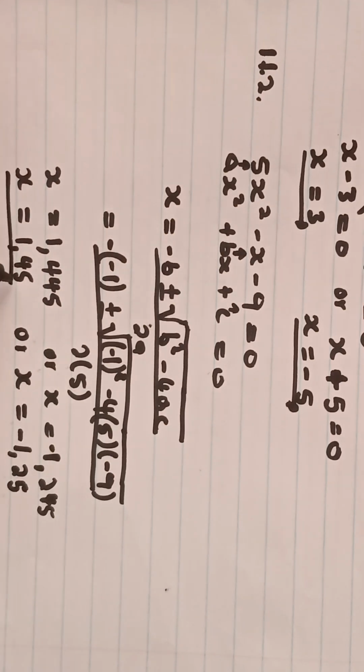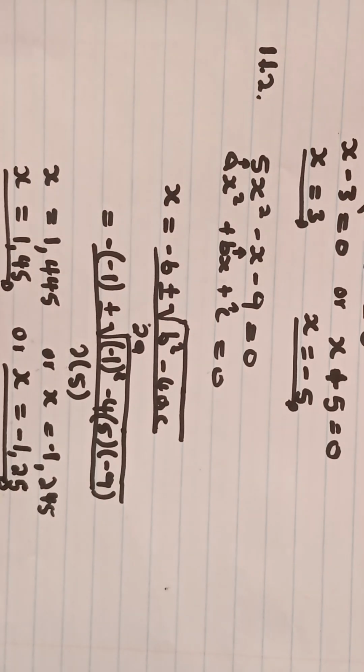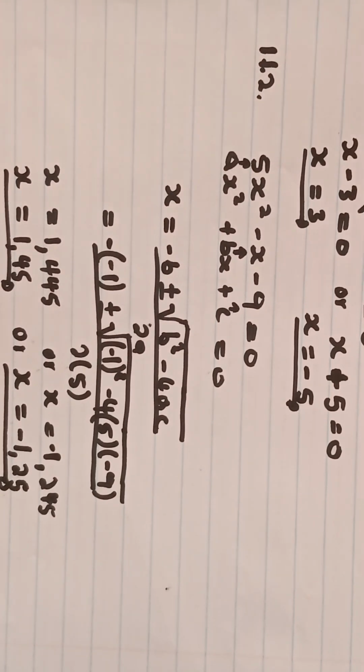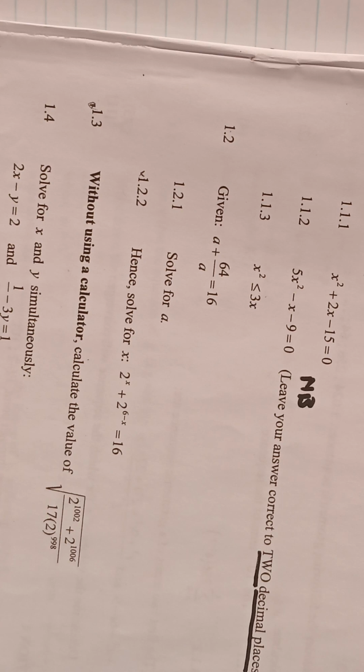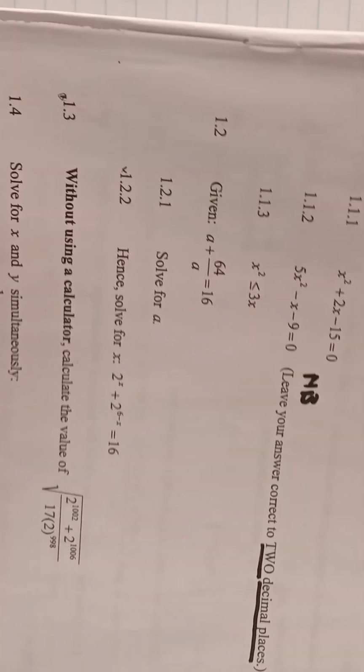I hope you're all happy with these values. And let's try to look at the last question for 1.1, 1.1.3. It says x squared is less than or equal to 3x.